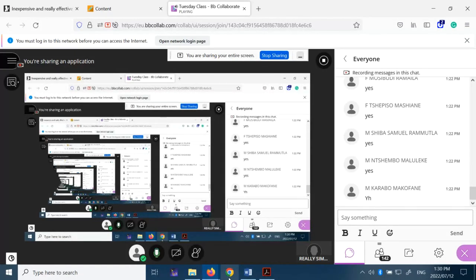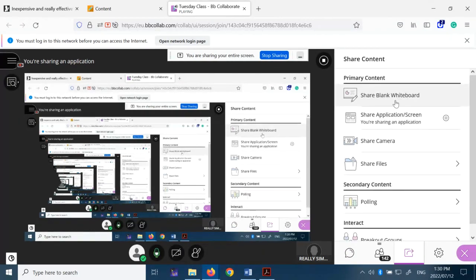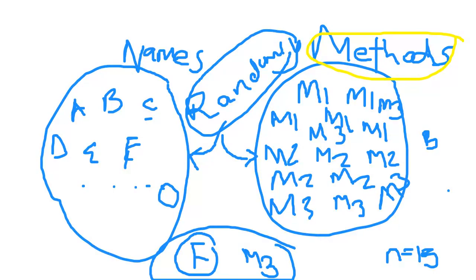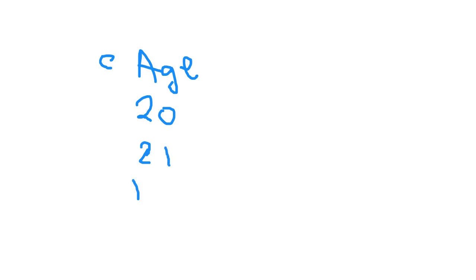For example, let's say we have this information: age of the students: 20, 21, 16, 12.